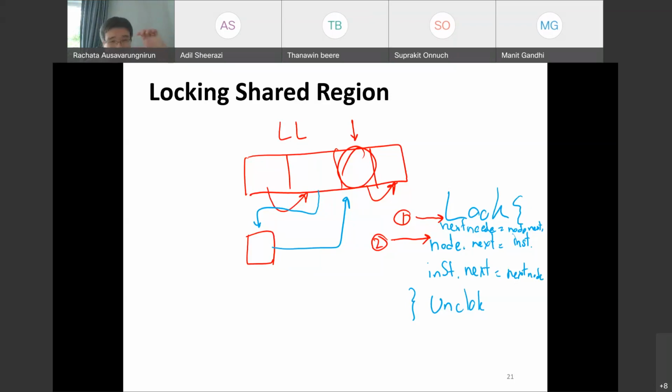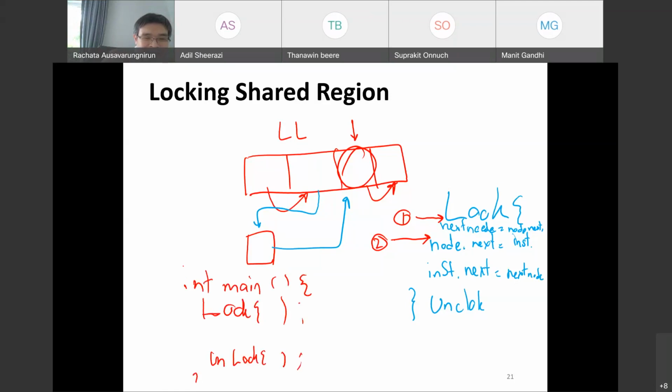Obviously, you can lock the entire program. So let's say you have a code to do a list, int main, right? Your main function, lock, unlock. What will happen if I do this?